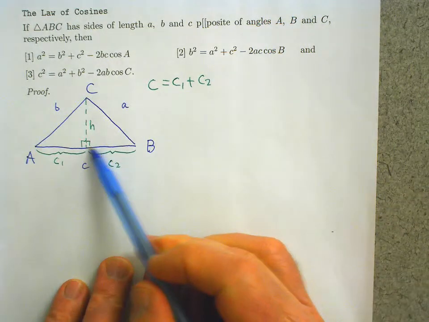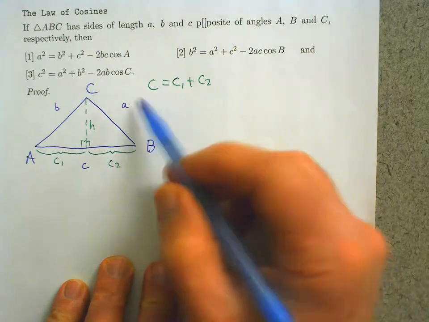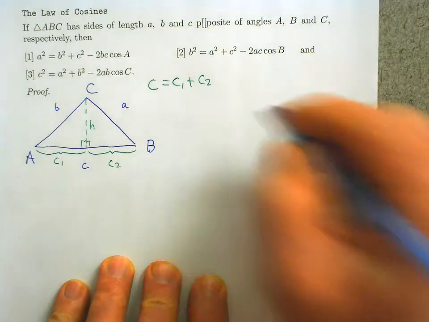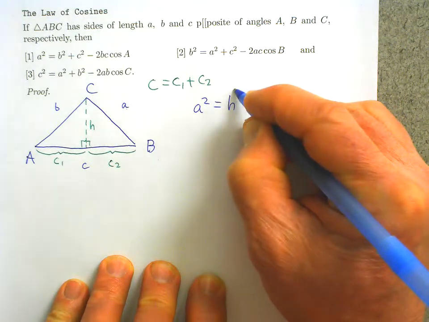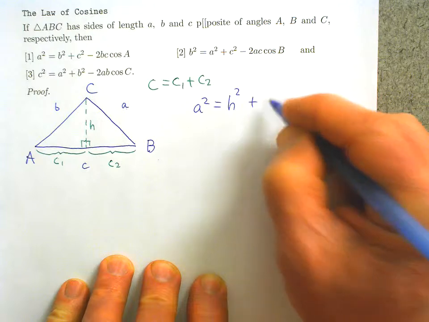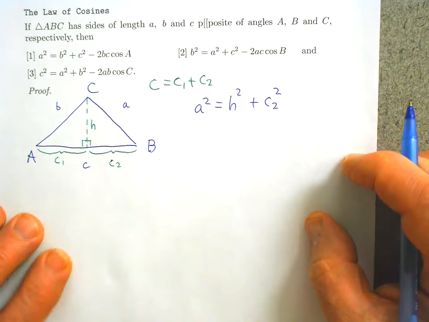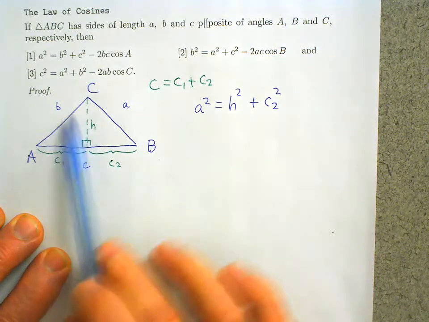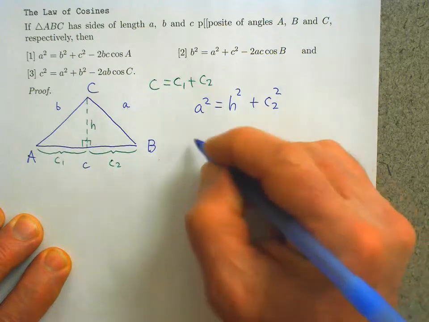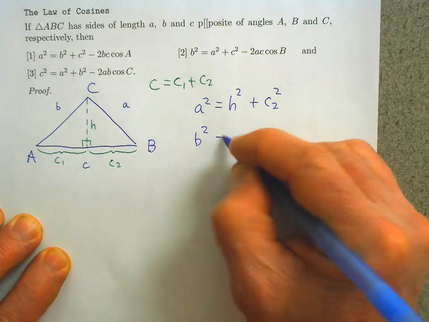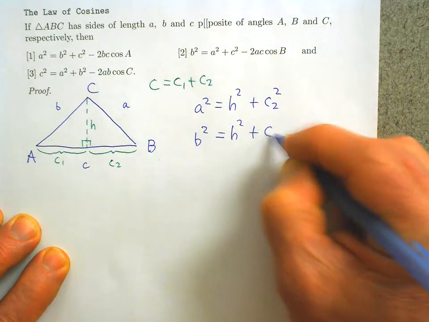Then if we focus on the right triangle on the right, using the Pythagorean theorem, we can write that a squared is equal to h squared plus c2 squared. And then the right triangle on the left, using the Pythagorean theorem for that triangle, we can write that b squared is equal to h squared plus c1 squared.